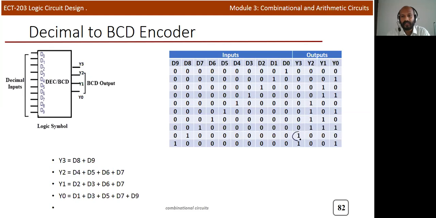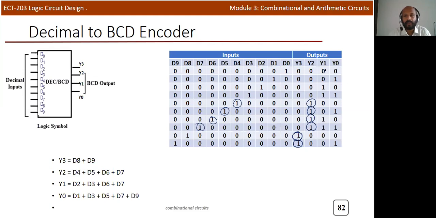Y3 has 2 inputs, so D8 and D9. And in the case of Y2, there are 4 possible combinations: D4, D5, D6, and D7.